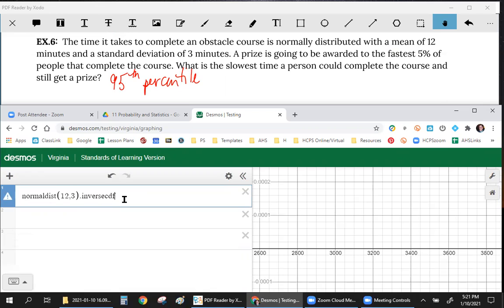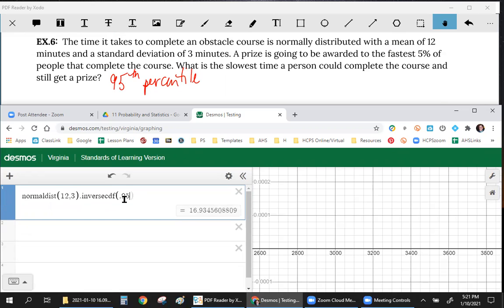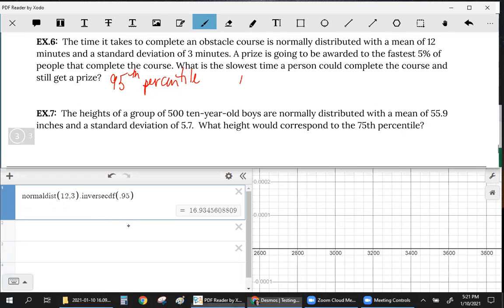As soon as you finish typing it, it should stop being in italics. It's recognizing that function. The 95th percentile, type it in as a decimal, 0.95, and it spits out the number. That number is your answer. We don't have to convert it at all. So 16.93 is our lowest time. We don't have to round, so 16.93 minutes. There's our answer.